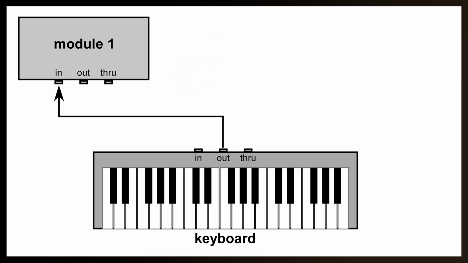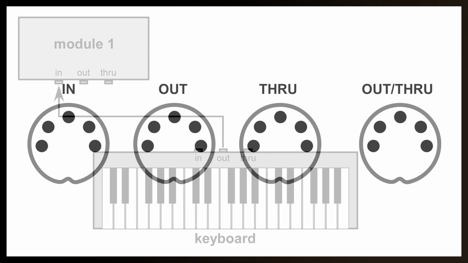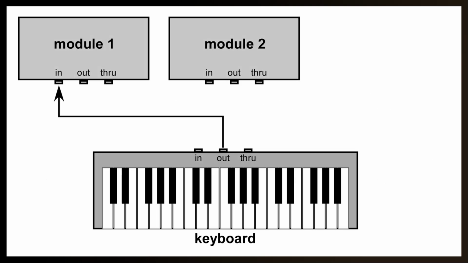Right, let's continue on with the connections. We've looked at the in socket, the out socket, so now let's look at the through socket. And to demonstrate this, we'll introduce a new second module to the example we're using. So we've got the initial keyboard where you play the notes and it goes out of the keyboard into the first module.